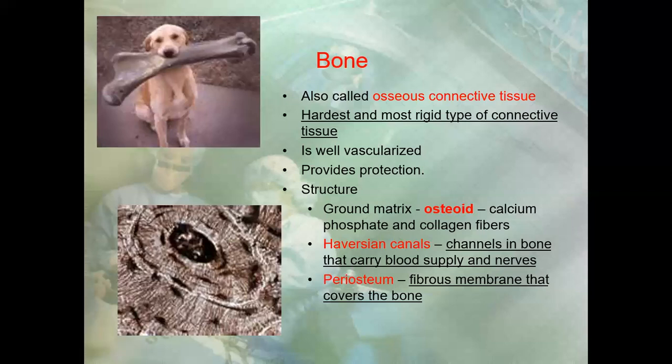But I can't shed them like I do my skin. So I have other special cells that come in and break down bone, and then cells that come in behind and reform the bone. And that's how you can heal breaks. But that's also how you can manipulate the shape of the bone.